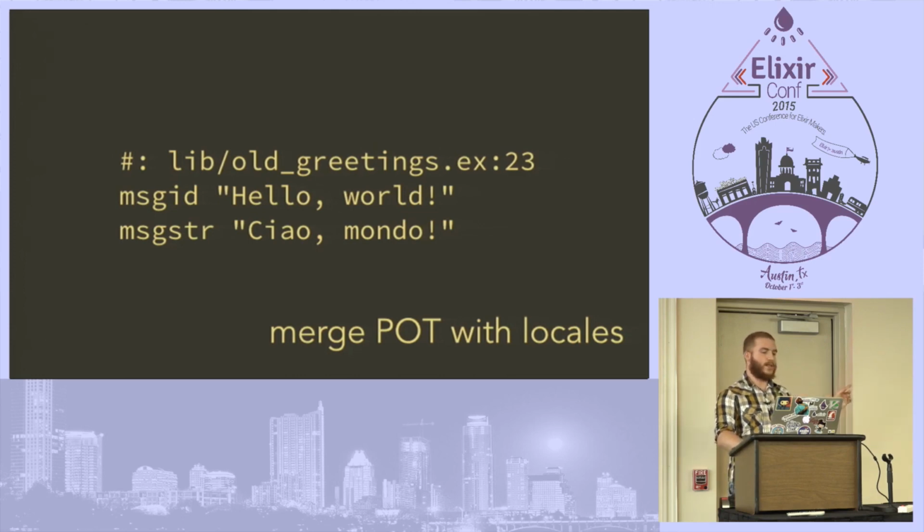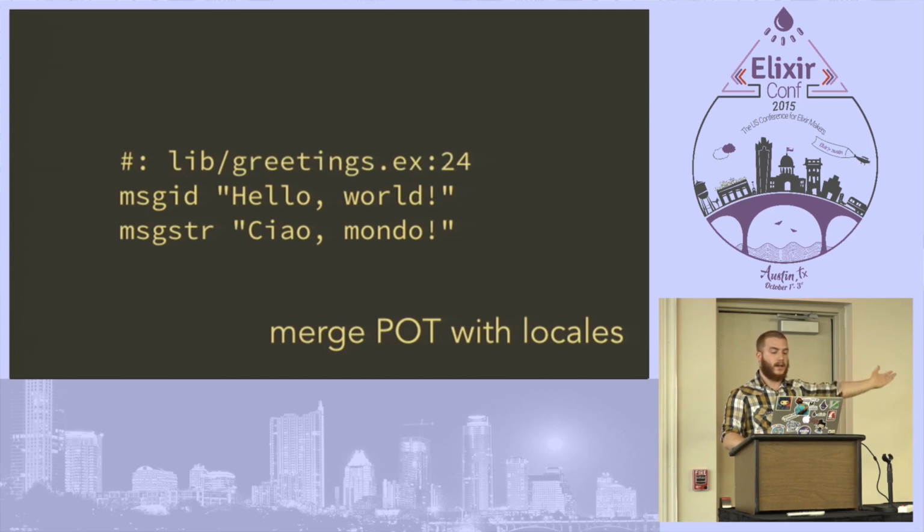And for matching translations, it will just use the translation that it finds in the PO file. So, for example, if we moved the call to gettext hello world to another file, this would just update the source reference without changing the translation, using the actual translation string that we had before.